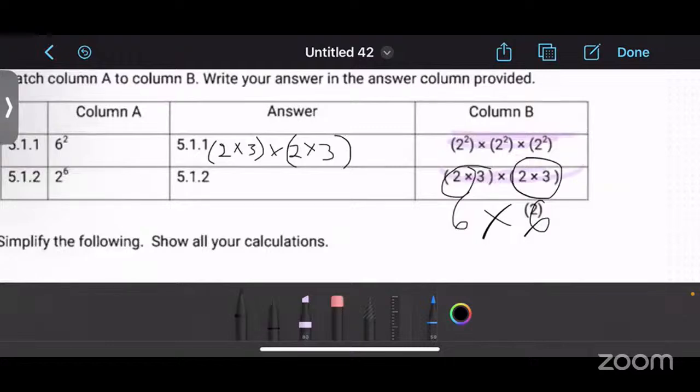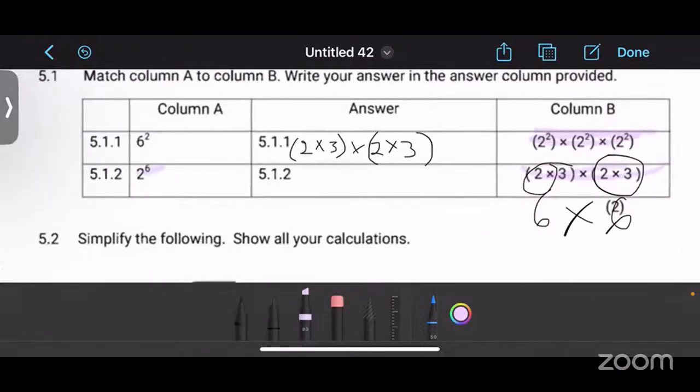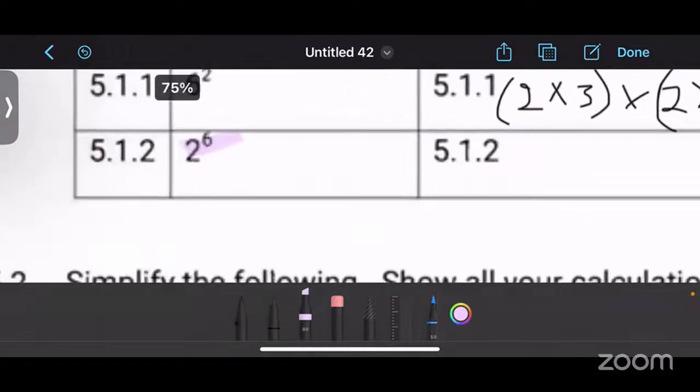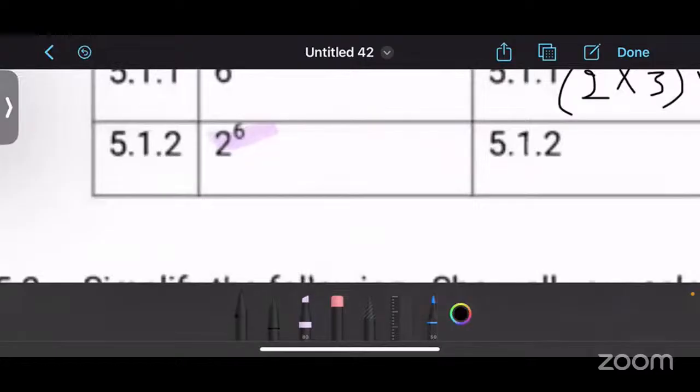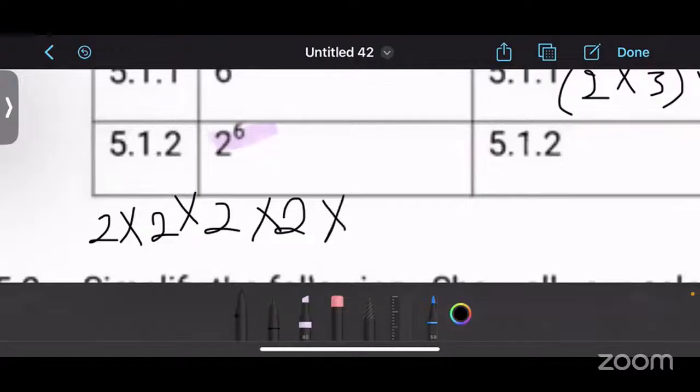And when we are looking at 1.2, which is 2 to the power of 6, this is the same as 2 multiplied by 2 multiplied by 2 multiplied by 2 multiplied by 2 multiplied by 2. Okay, so it's 2 multiplying each other for 6 times, right?